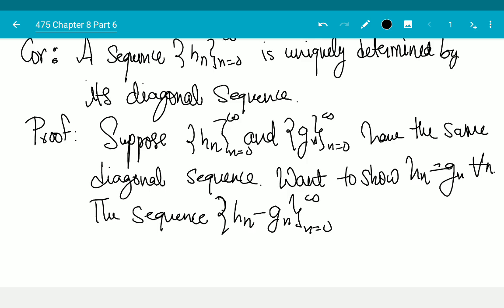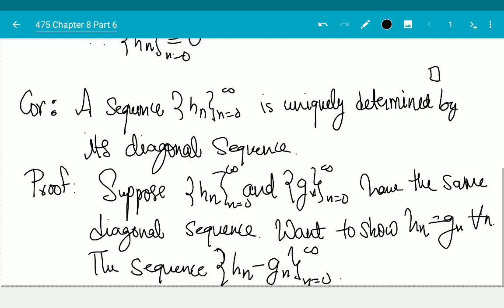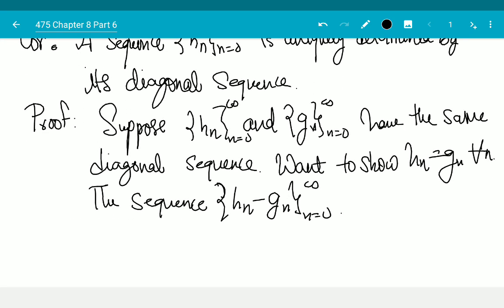And from my previous calculation, I can show that the diagonal depends only on the difference table.